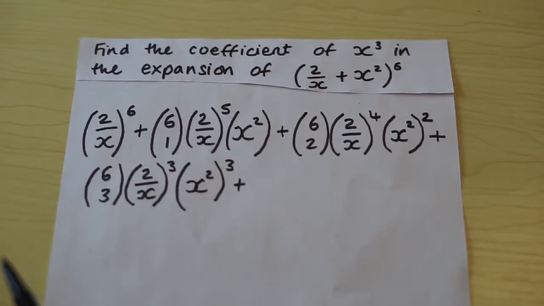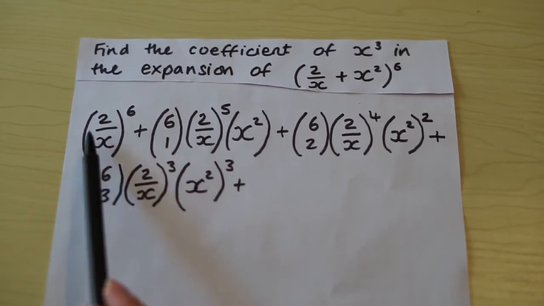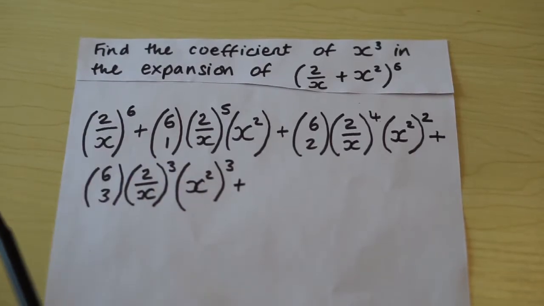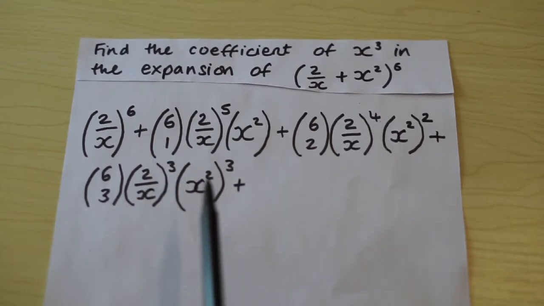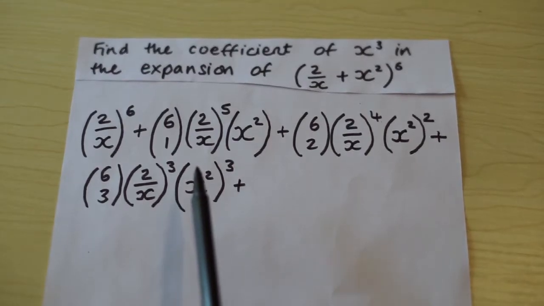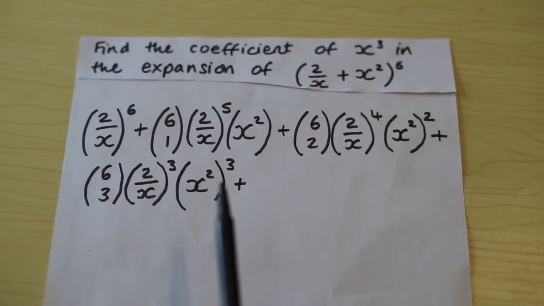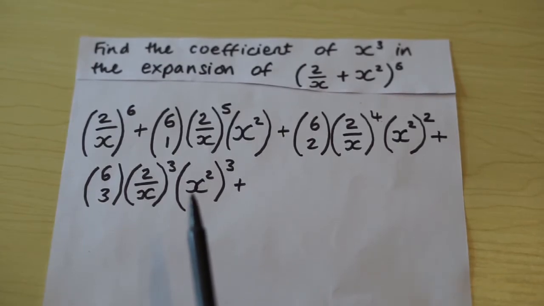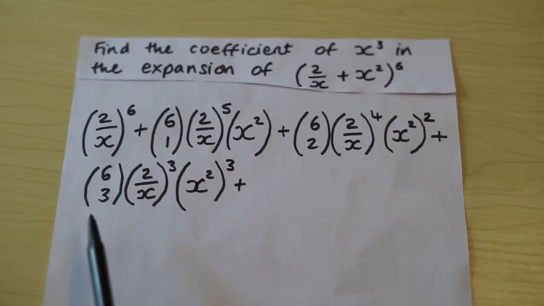Just to double check the situation with the x's within each term, in this first term the overall x power is going to be x to the minus 6. In this one, the overall power is going to be x to the minus 3. In this one, as we said, x is going to be to the power 0, and here x is to the power 3.